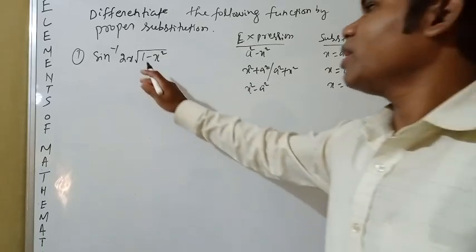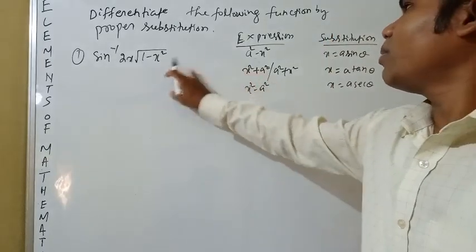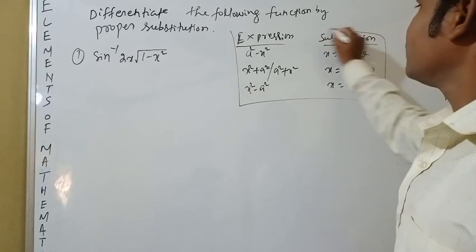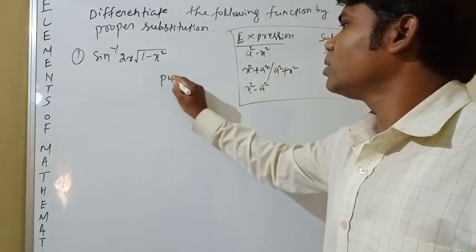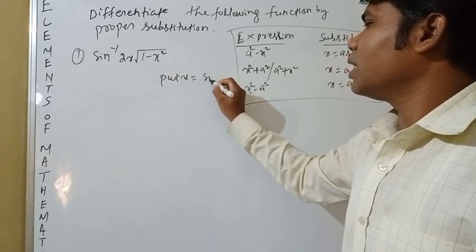Here you see 1 minus x square is given, and that means this is in the form of a square minus x square. So we have to put x is equal to sin theta.